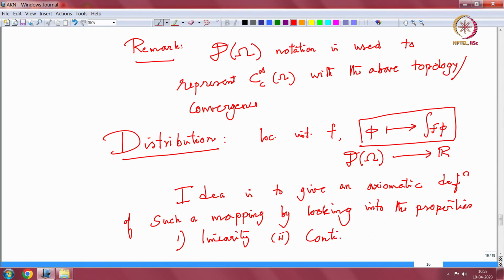So, you have two properties, linearity and continuity, and you do not require any function to define an association. Basically, you are looking at the dual of d omega.